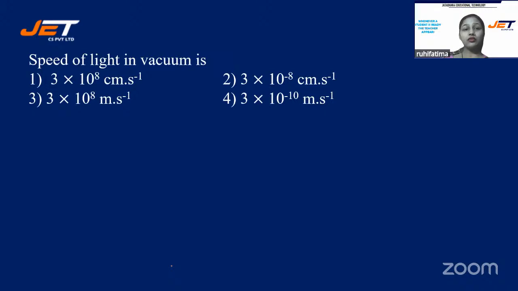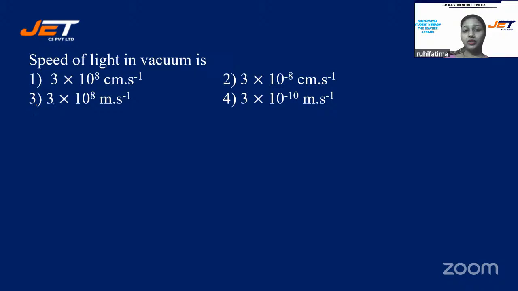Next question. Speed of light in vacuum is, and your options are number 1, 3 into 10 to the power 8 centimeter per second. Option number 2, 3 into 10 to the power minus 8 centimeter per second.